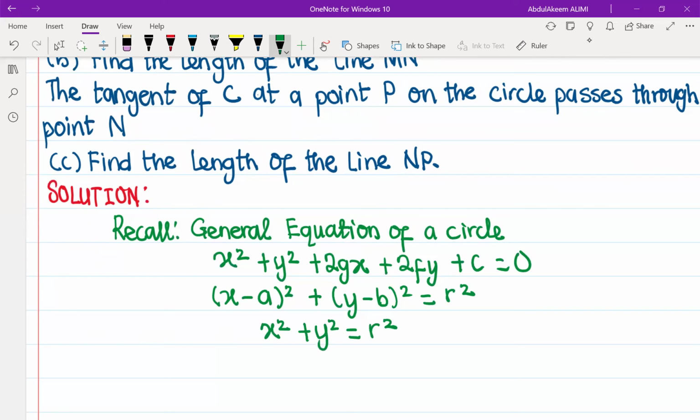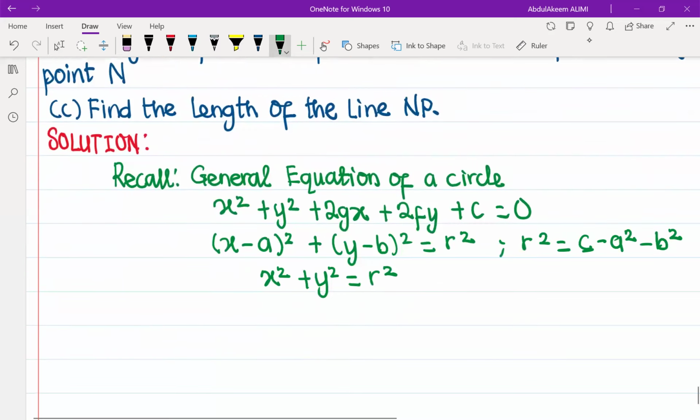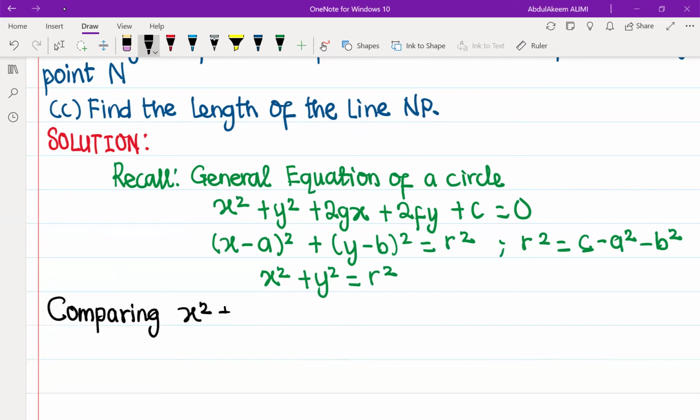So how do I get my r here? That means my r squared will be equal to what? c minus a squared minus b squared. We are going to do everything we mentioned here. So let's compare x squared plus y squared plus 2gx plus 2fy plus c equals 0 with the equation we have here.